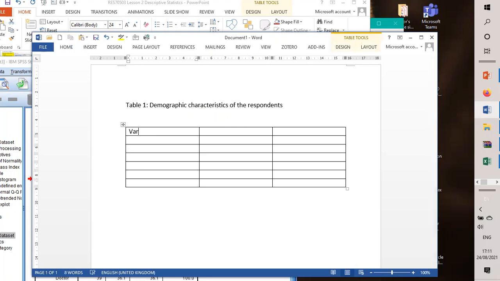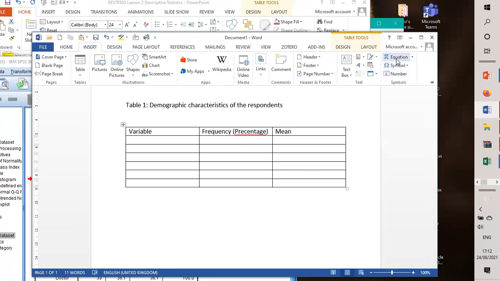This is the variable. Frequency and percentage. Mean plus or minus standard deviation.